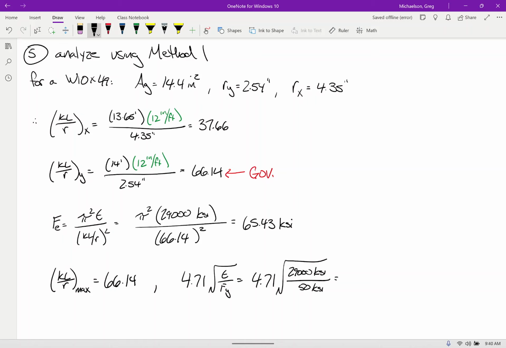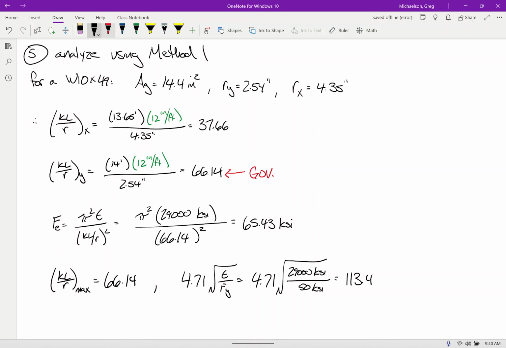So what do we get here? And why am I doing this, by the way? For elastic and inelastic. To figure out which equation for FCR based on elastic or inelastic buckling. That's right. And so what do we get here? It should be pretty big, like 100 something. 130, yeah.